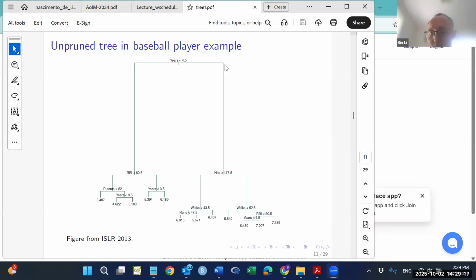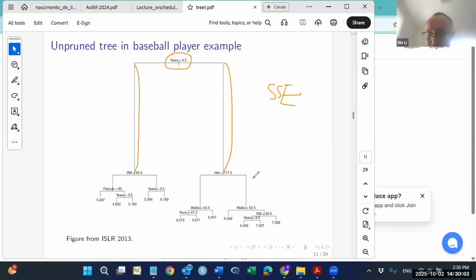Why? Because here the length of this vertical distance has some meaning. And you may ask, what does that mean? That means the length is proportional to how much the sum of squares error is reduced by these splits. Is that clear? You can see that by using this year at 44.5 years, we can substantially reduce the sum of squares error.